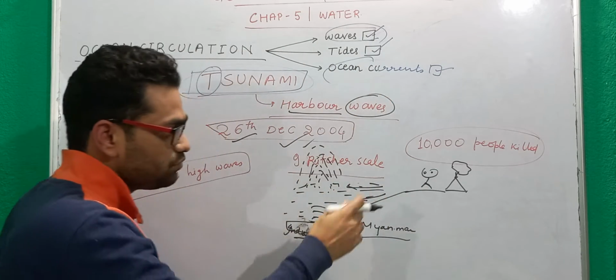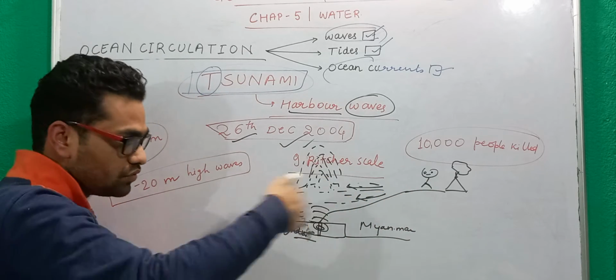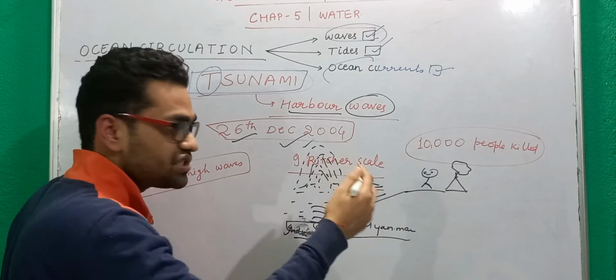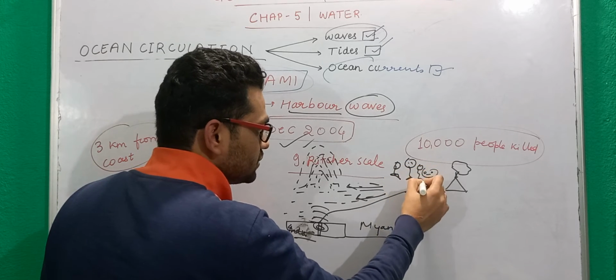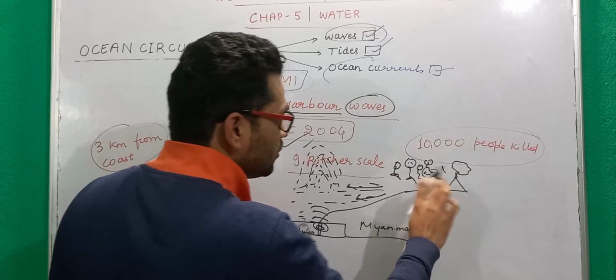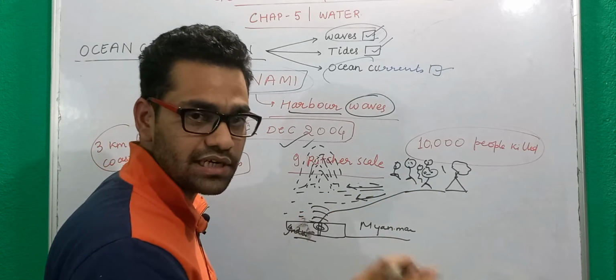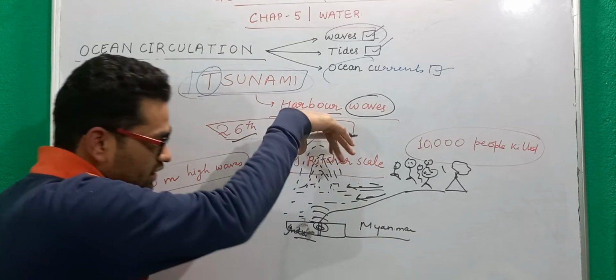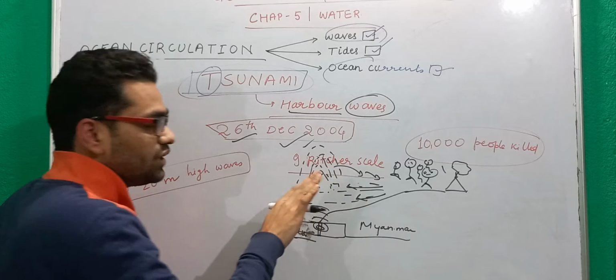Now what happened when the earthquake occurred? Suddenly the people were amazed. What is happening? The coastal waters are going towards the ocean. So they were amazed, and a large number of people gathered on the coastal area just to witness this phenomenon. Meanwhile, the earthquake had already happened, and the water that had risen now started flowing in this direction with great height.